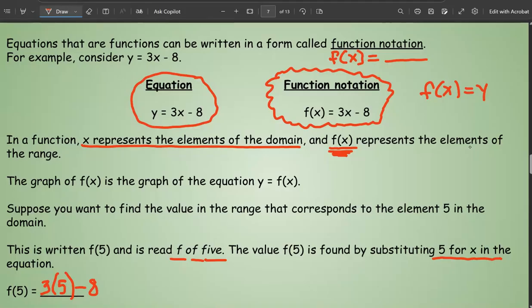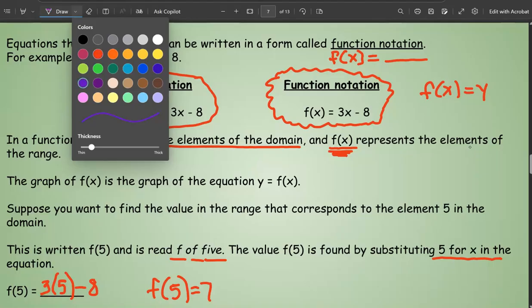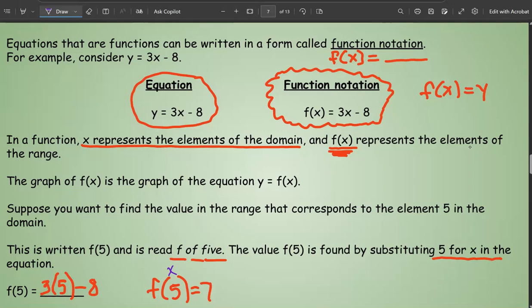And 15 minus 8 is 7. So f of 5 is 7. Now what that does is that enables us to look at this and see that my x value is 5 and my y value is 7. So if we were to plot that on a graph, I could see that that is the point on the graph 5, 7.